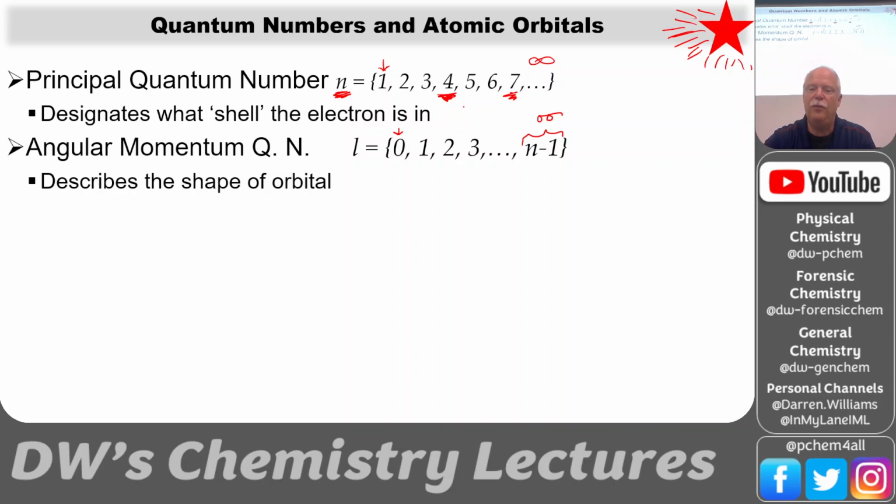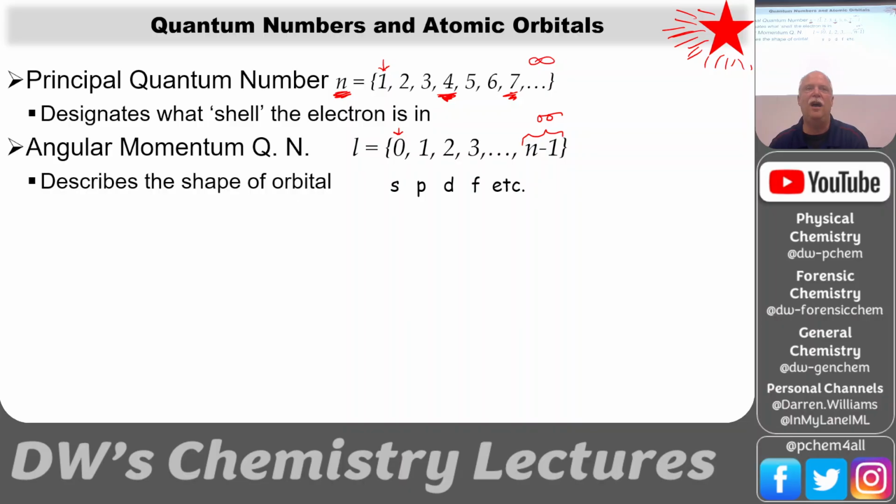Now, when we're dealing with all these numbers, they've come up with a scheme to make it a little easier to keep track of. So for the L's, they've given them letters. So this is the S, P, D, F. It's the L quantum number. So that makes it easier to keep track of.